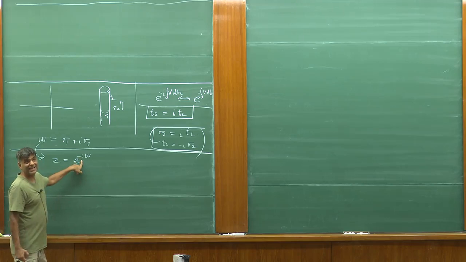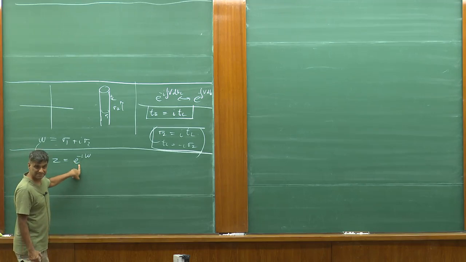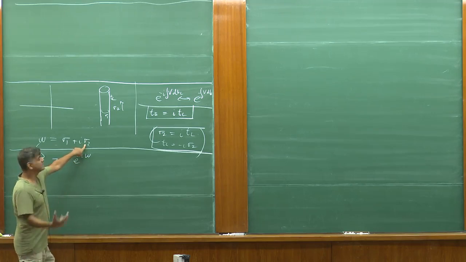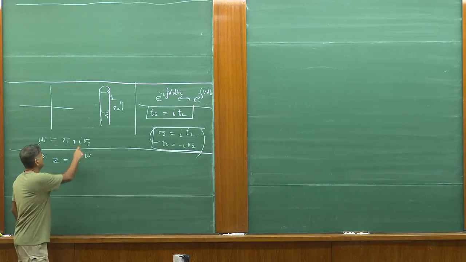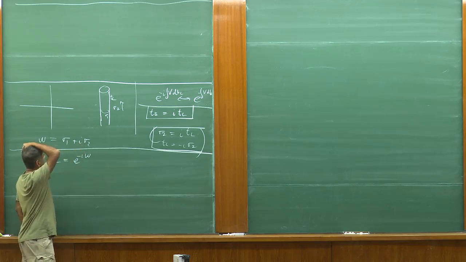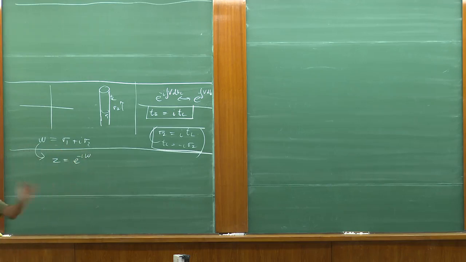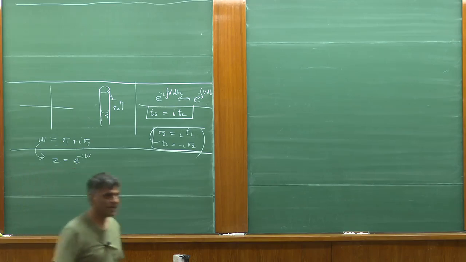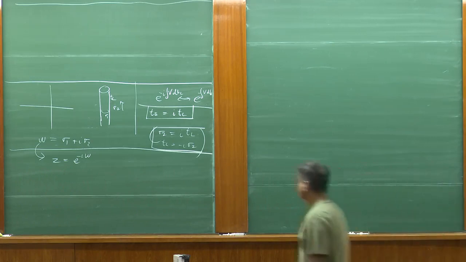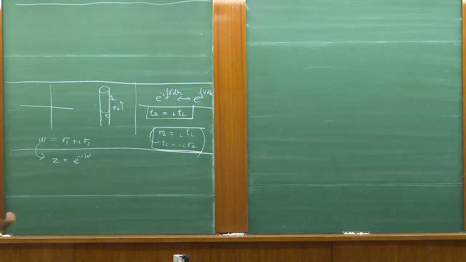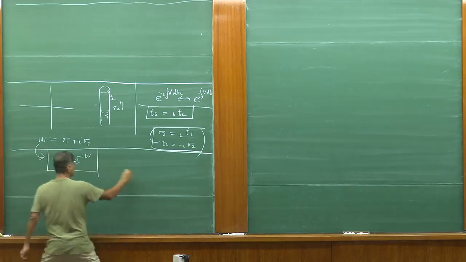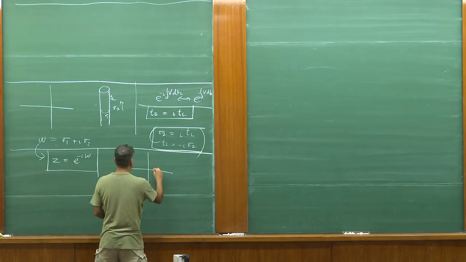We wanted very early Euclidean times to correspond to the origin. Very early is large negative sigma 2. I times minus i is 1, and if sigma 2 is large and negative, the modulus goes to 0. So this conformal map takes very early Euclidean times to the origin and very late Euclidean times to infinity. This is the conformal map that takes us to the z plane.